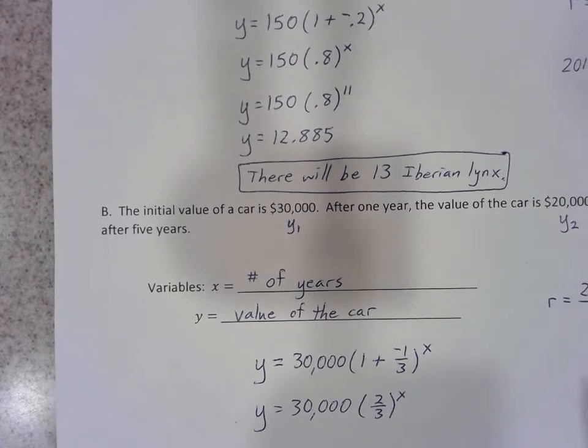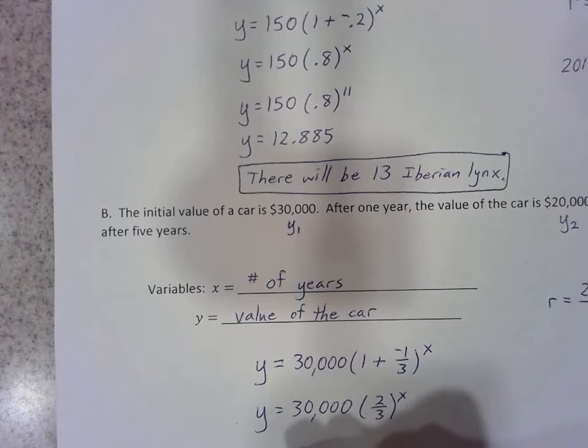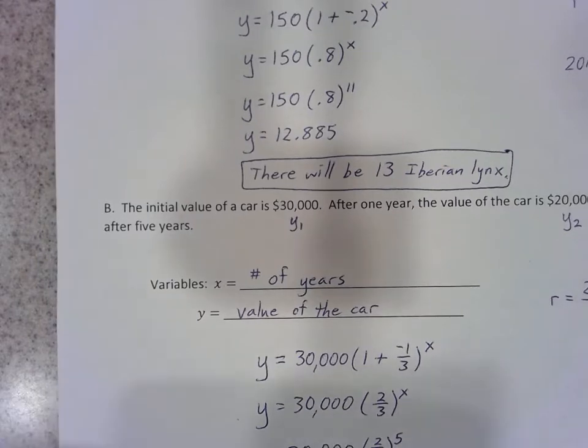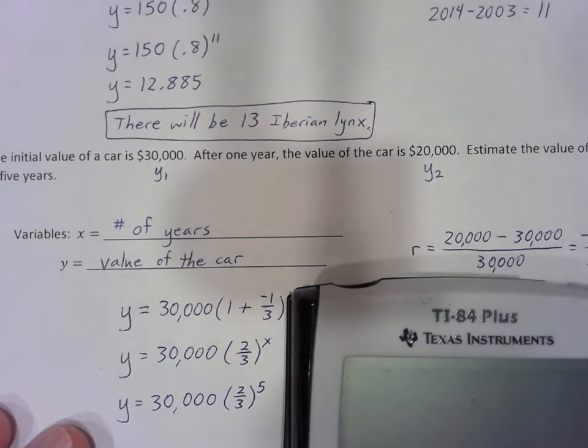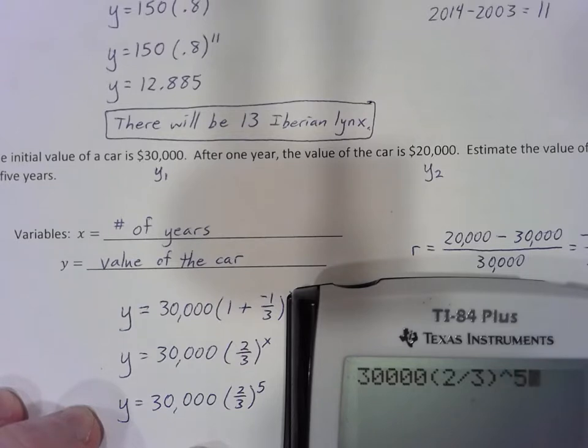The question says estimate the value of the car after 5 years. So I want to insert 5 as the number of years. So that goes in place of x. Then I go to the calculator and say 30,000 times 2/3 to the 5th power.